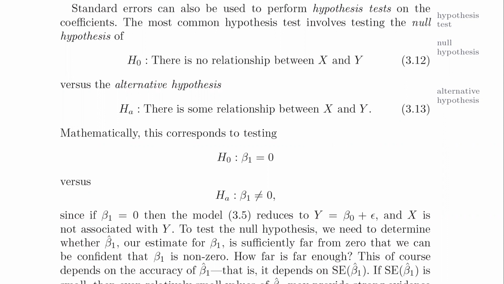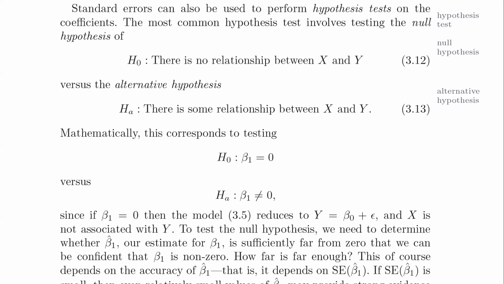You don't want to get overly excited that you've actually found a relationship. So you will always start by assuming H0, the null hypothesis, and that is there is no relationship between X and Y, your predictor variable and the output variable.